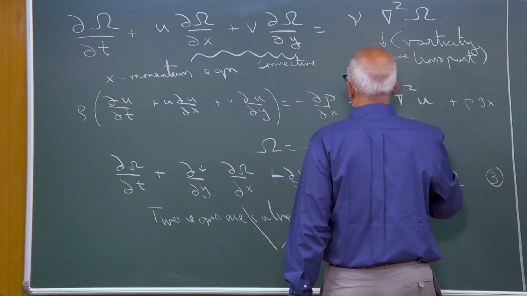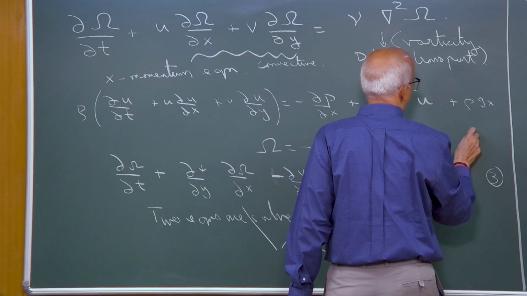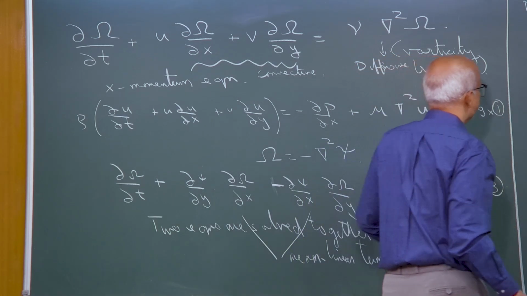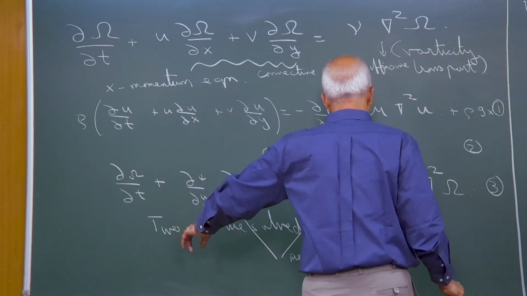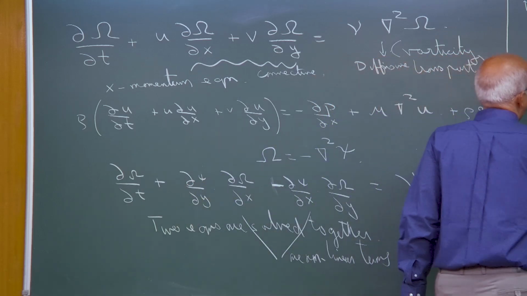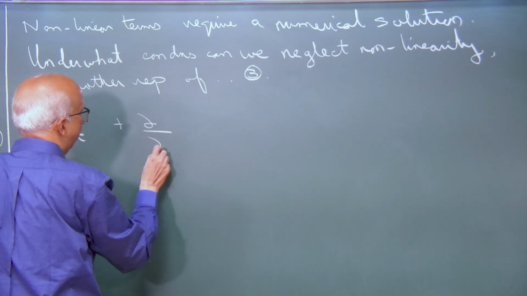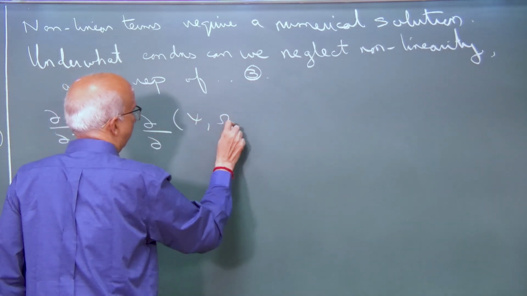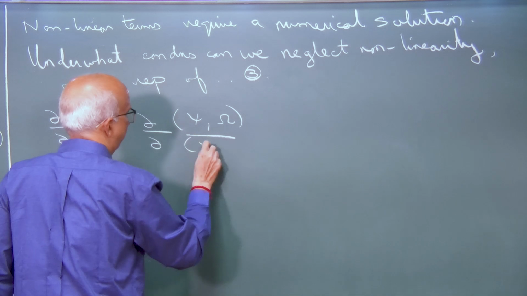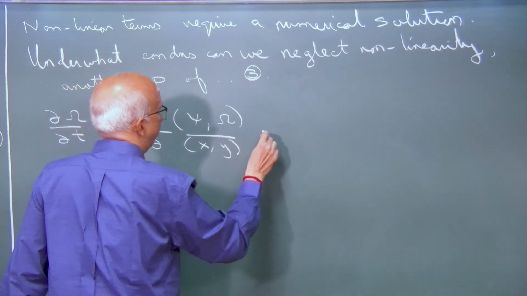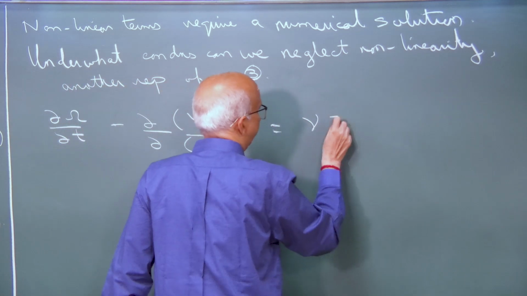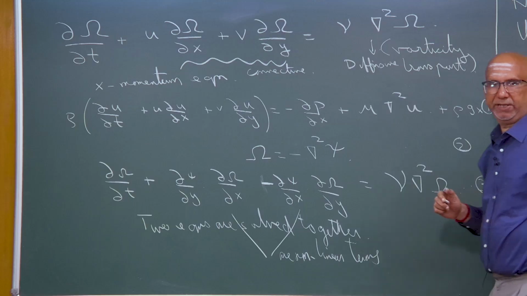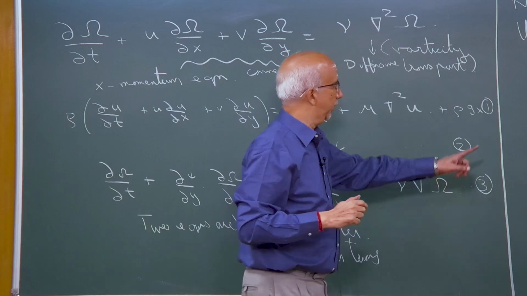And this is let us say 2, and this is 1. D omega by dt remains as it is, plus d by d... So, you might see some books have this kind of an expression.